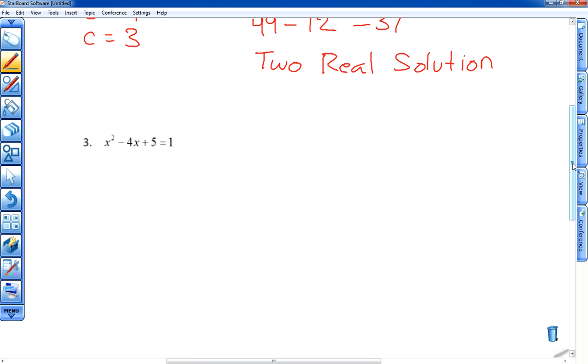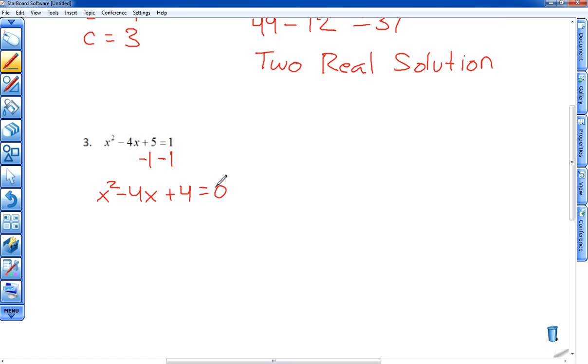So we've got another quadratic equation here, x squared minus 4x plus 5 is equal to 1. Again, we need to set our equation equal to 0 in order to accurately calculate the discriminant. So I need to subtract 1 from both sides. That produces x squared minus 4x plus 4 equals 0.